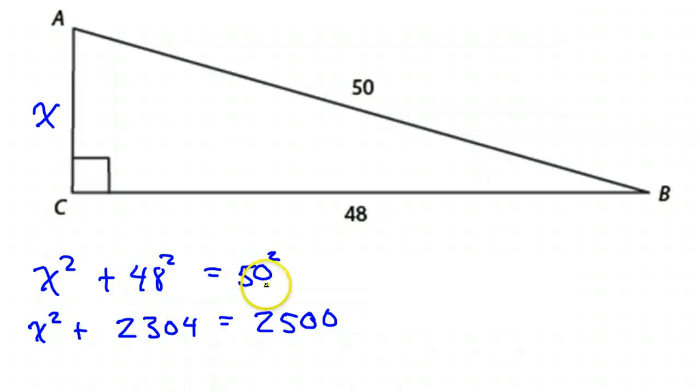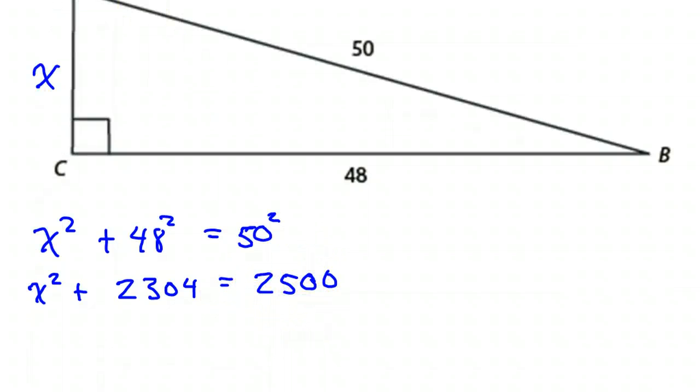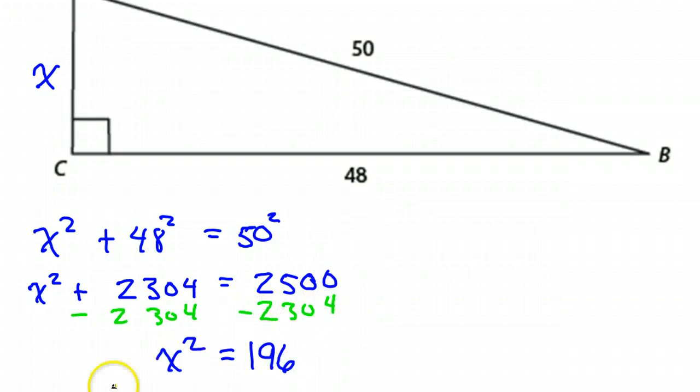Squaring the 48 and the 50, that gives us x squared plus 2,304 equals 2,500. So now it is time to subtract 2,304 from both sides. That gives me x squared equals 196.